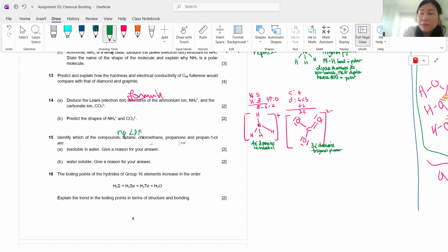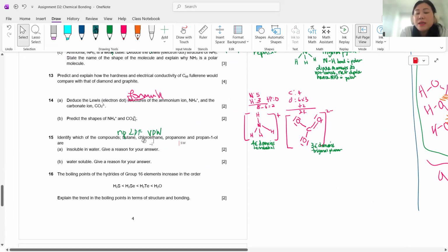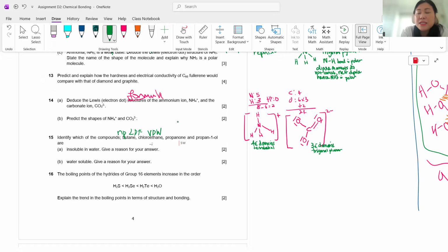Chloroethane is polar, but it's not able to form hydrogen bond. It will at most form van der Waals with water. Van der Waals is dipole-dipole plus LDF. Propanone is polar, but it doesn't form hydrogen bond that well. So it is only able to form van der Waals with water, which is dipole-dipole plus LDF.